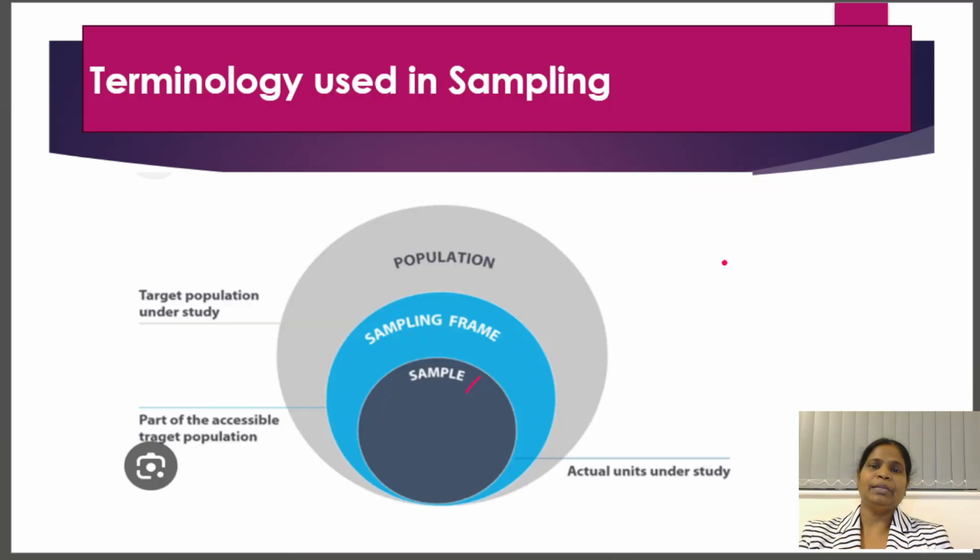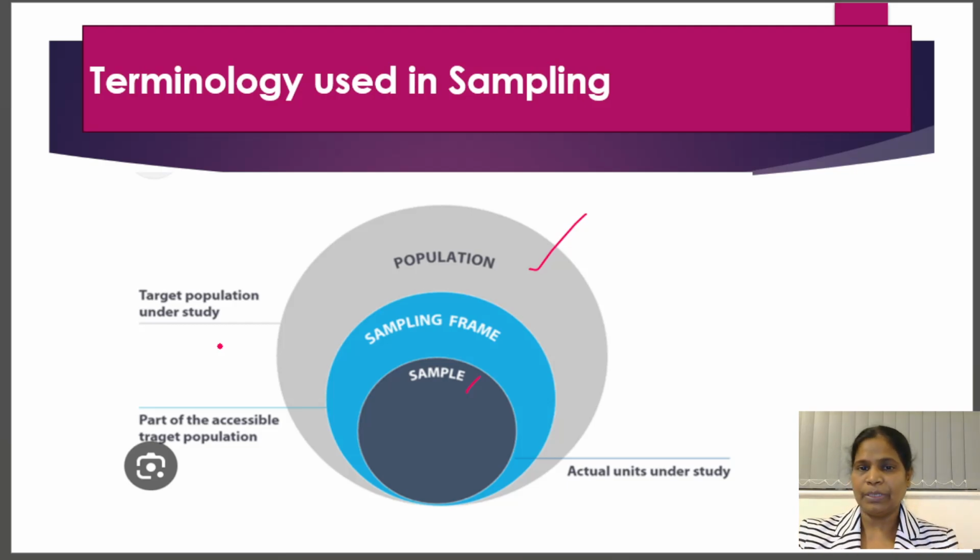So in sampling, as we move forward, we will come across these terminologies, like what is meant by population. I have already explained target population: the particular group of people under study, whom we wish to study, depending upon the age or disease condition or whatever the researcher is interested in.